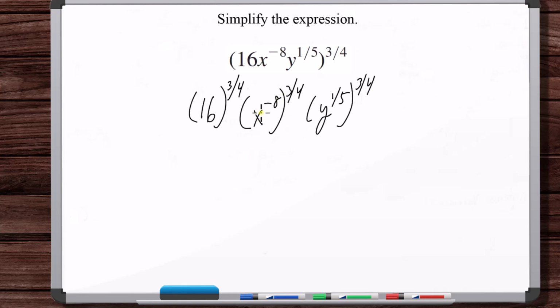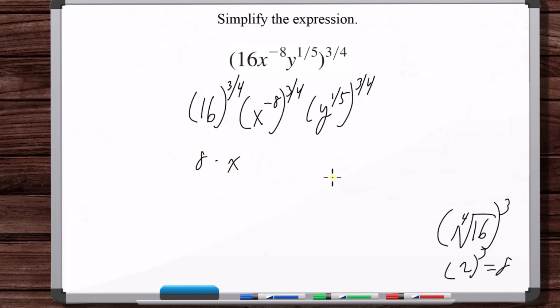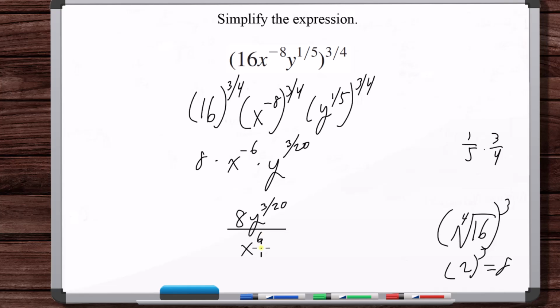So this is going to be x to the minus 8 times 3/4 power, right? But okay, let's simplify this. So 16, the 4th root of 16 cubed, the 4th root of 16 is 2. There we go. So 8 times x to the minus 8 times 3/4 is minus 6 times y to the, so 1/5 times 3/4 is 3 over 20. So, okay, we've got 8y to the 3 over 20, like that.